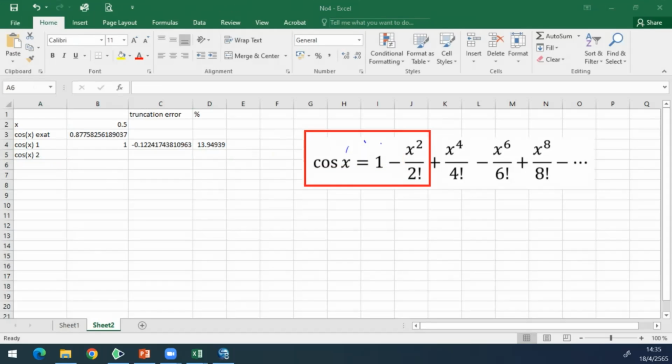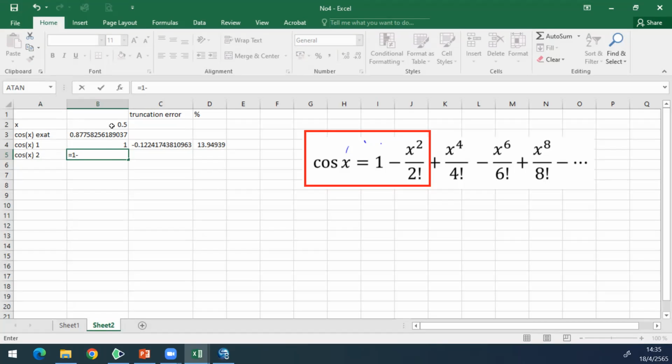So what happened? This should be equal to 1, right, minus x power 2, where x is this, over 2 factorial, that is 2, right? So it becomes like this.